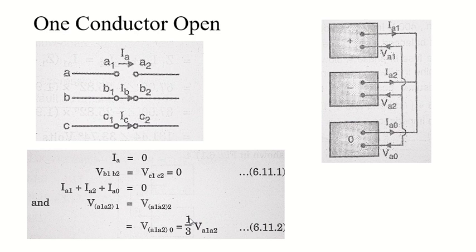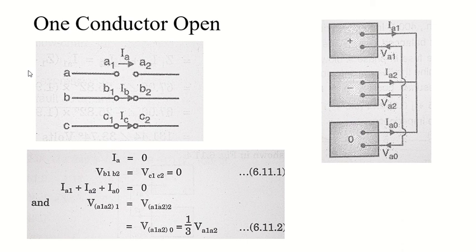Conductor is open, so there will be no flow of current in my A phase line, right? And as there is no flow of current in my A phase line, what will happen? The voltages of phase B line and phase C line will become zero.